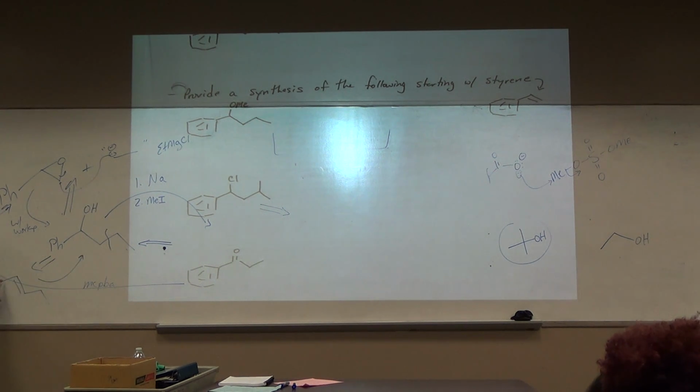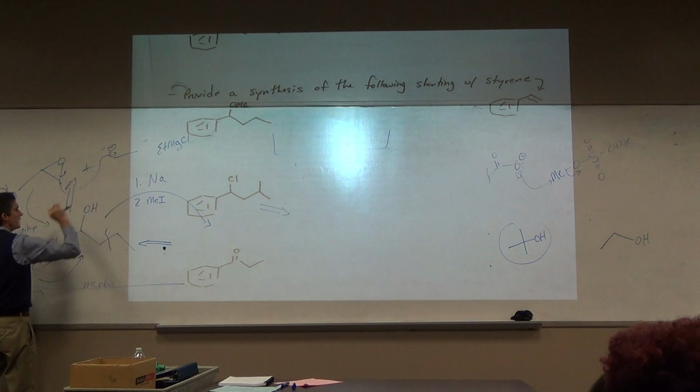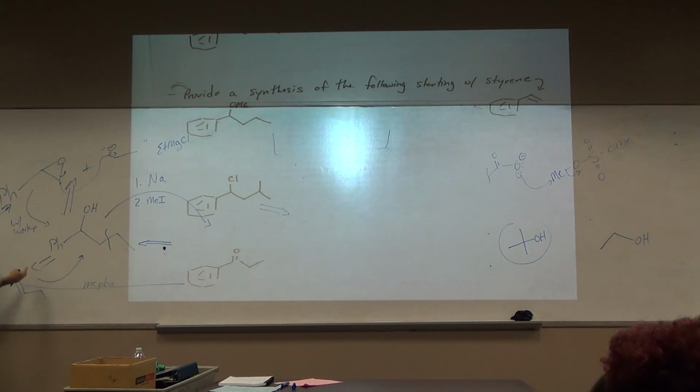Then that doesn't make any sense. So the power of the epoxide is it allows you to bring together two organic fragments. They can both be huge. You need to break the carbons apart, and that's what the epoxide allows you to do. You're making carbon-carbon bonds. This is just not going to get you there.